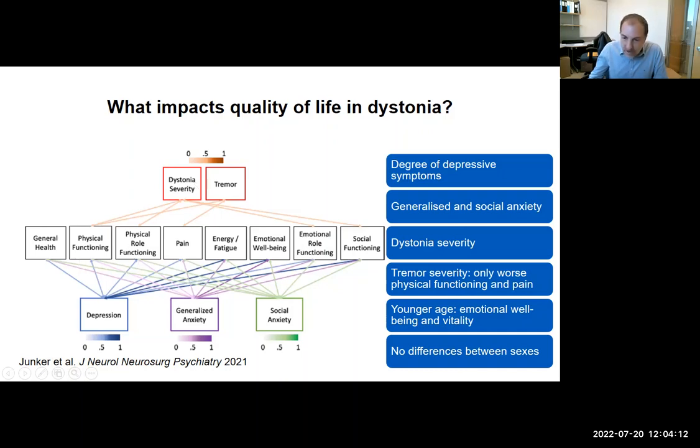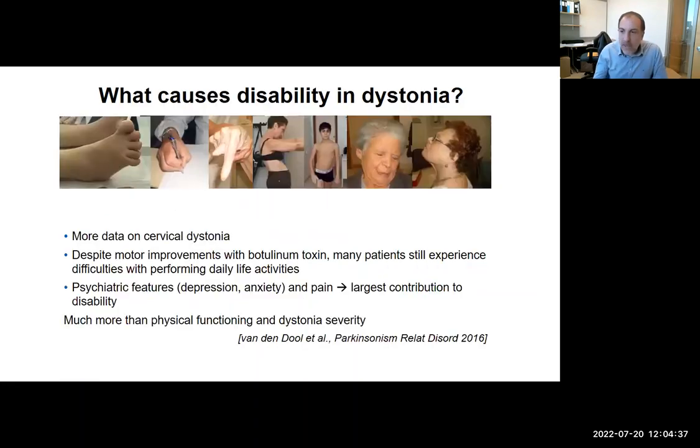Interestingly, in this study, younger age was associated also with reduced emotional well-being and vitality. And no difference between sexes was observed in terms of impact on health-related quality of life. So this clearly seals the concept that depression and different forms of anxiety are important determinants of quality of life, if not the most important determinants of quality of life in dystonia.